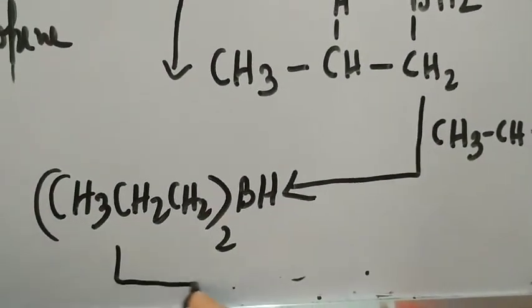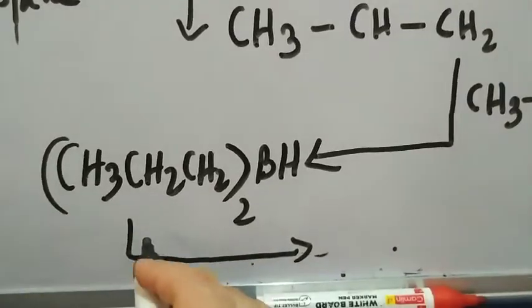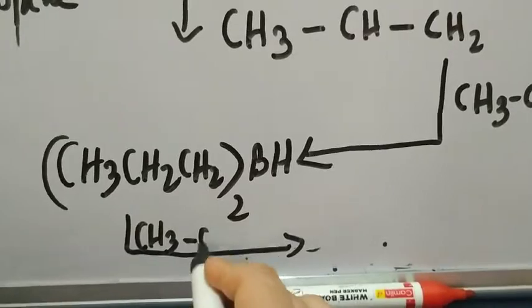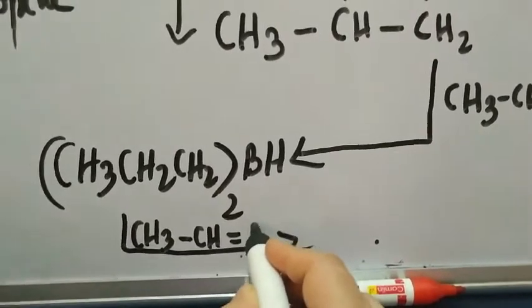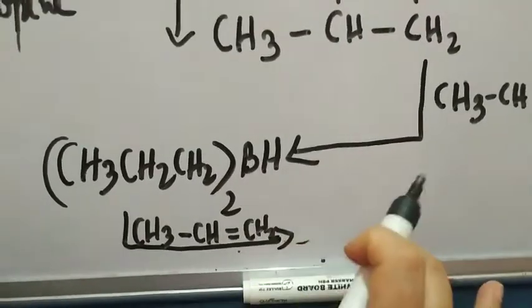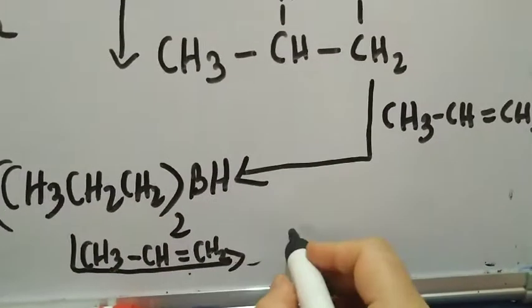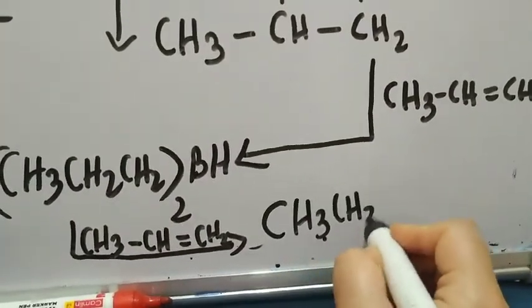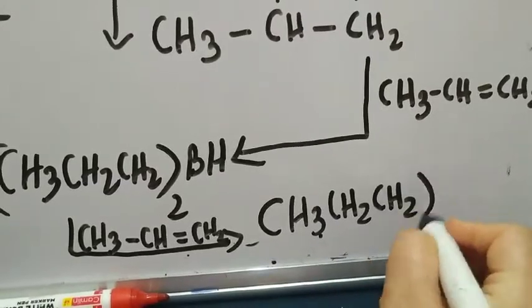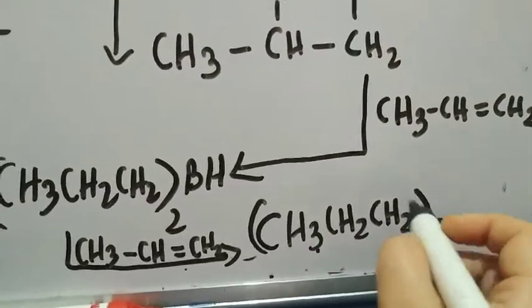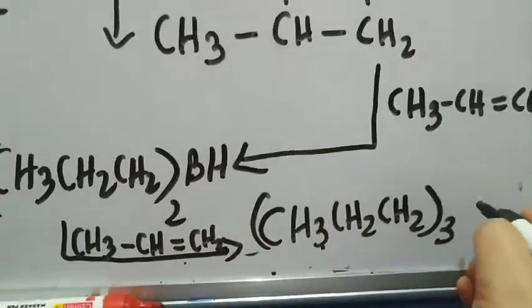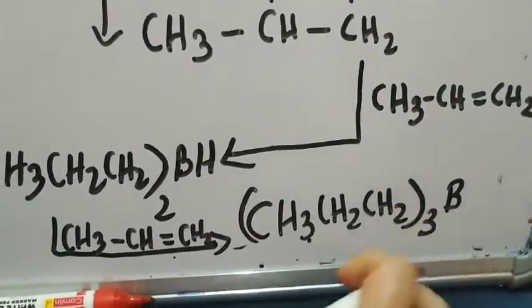Again, it does not stop here. We are adding another molecule of our alkene, propene, CH3 CH double bond CH2. And what we get finally is CH3 CH2 CH2 whole thrice. Boron now loses all the three hydrogen atoms.